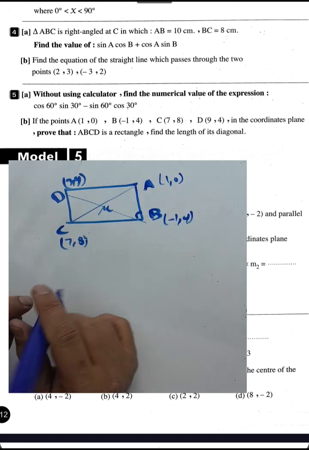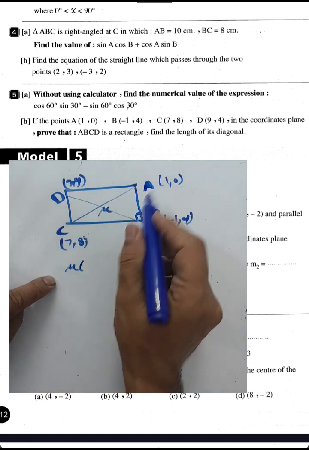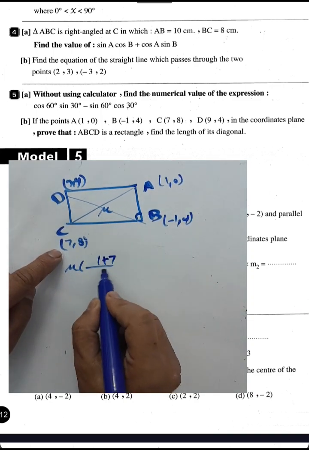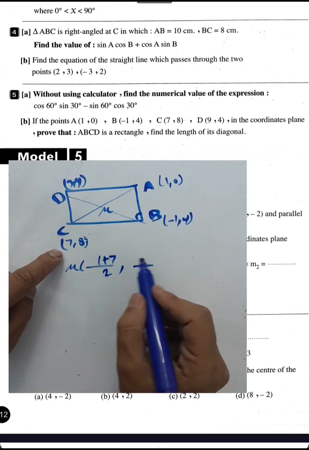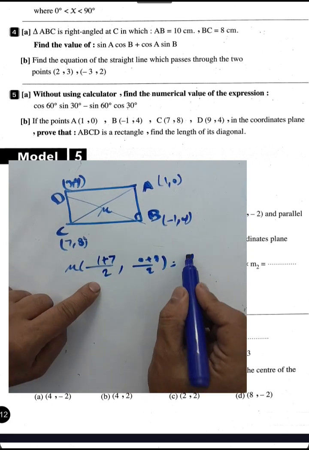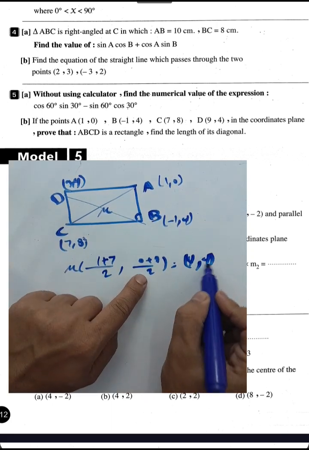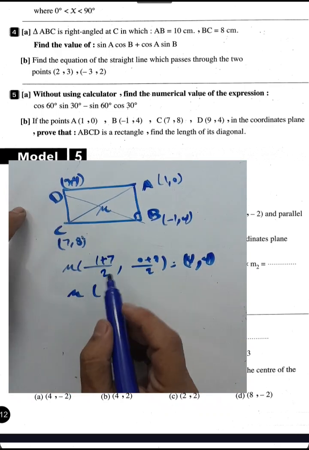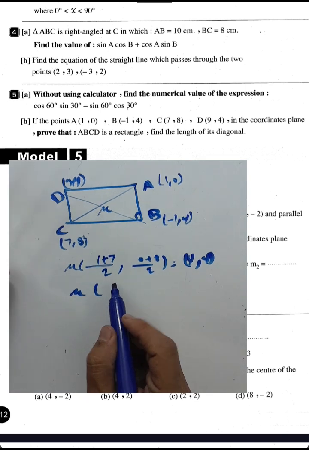Okay, M between A and C will be 1 plus 7 divided by 2, and 0 plus 8 divided by 2. It will be 8 divided by 2, 4, and 8 divided by 2, 4. And M is also the midpoint of BD. Why?